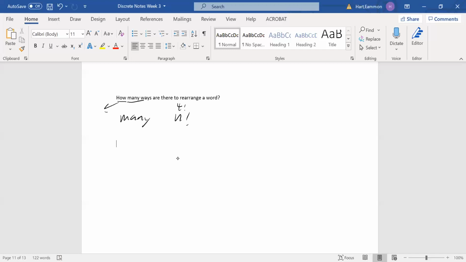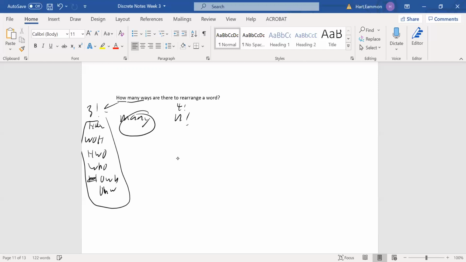In the case of how, we would get how, we would get who, we would get HWO, we would get OHW, and then we would get how and oh. So in this case, yeah, actually it is just n factorial, it's 3 factorial.